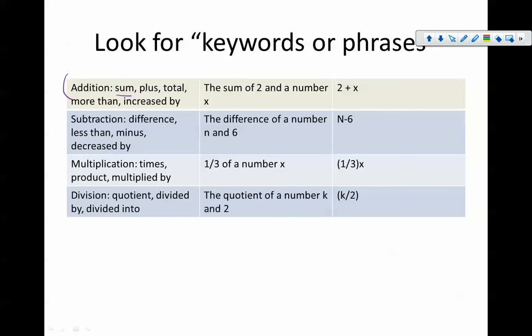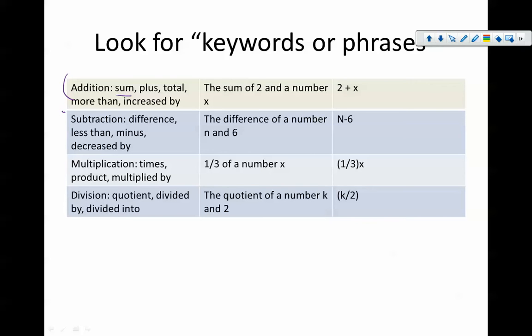If you hear things like plus, saying the total, right? The total means that we had to add two things together. Saying more than or increased by. These are all words and phrases that mean addition. So, for example, the sum of 2 and a number x, right? That's 2 plus x if we were to make an expression out of it.